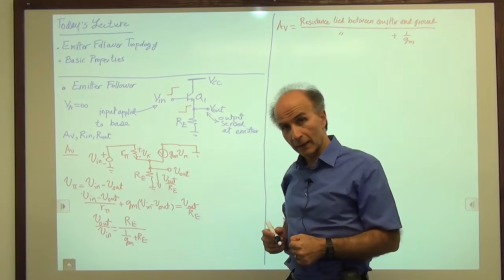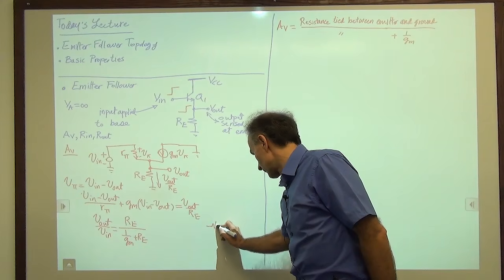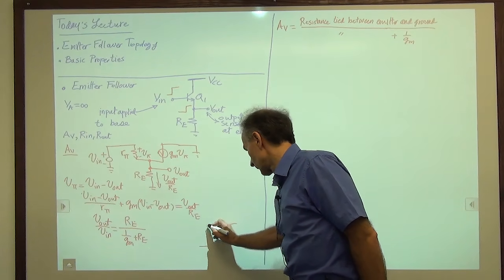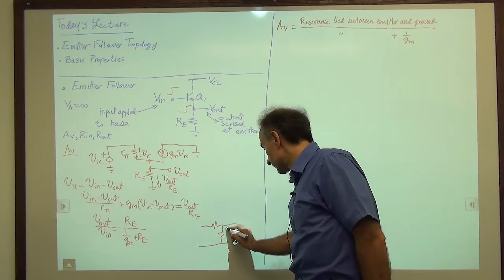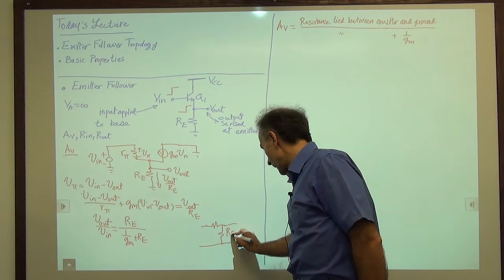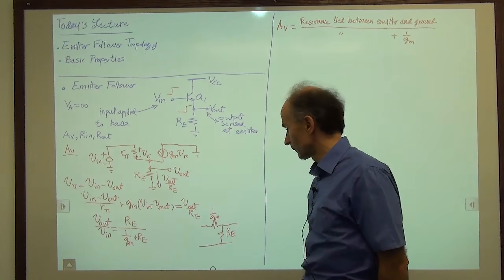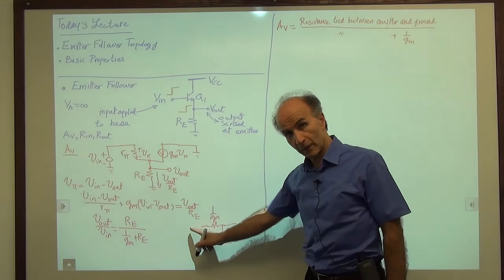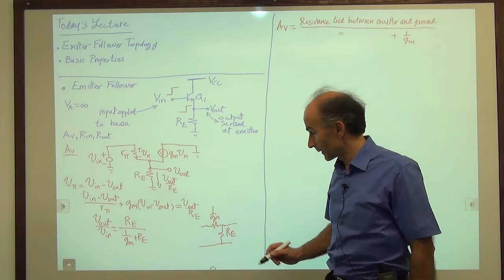So equivalently, I can think of this as this situation. This resistor has to be RE, and this resistor has to be 1 over gm. We see that the voltage gain from here to here, meaning this voltage divided by this voltage, is RE over RE plus 1 over gm.